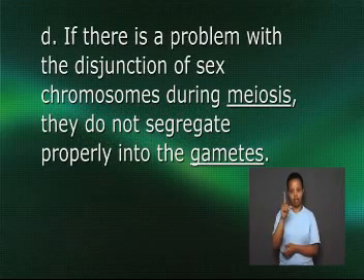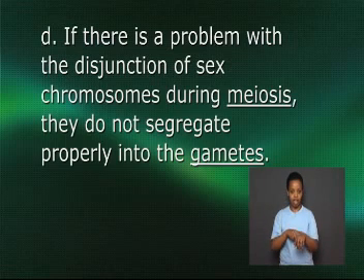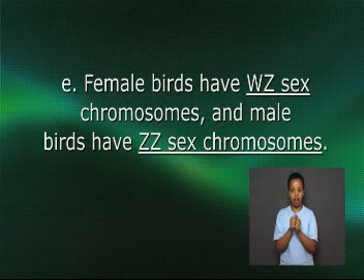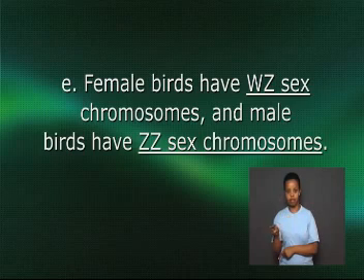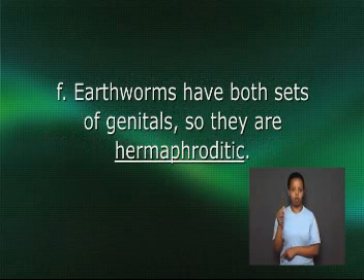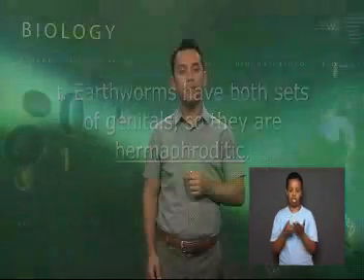If there is a problem with the disjunction of sex chromosomes during meiosis, they do not segregate properly into the gametes. Female birds have WZ sex chromosomes, and male birds have ZZ sex chromosomes. Earthworms have both sets of genitals, so they are hermaphroditic.